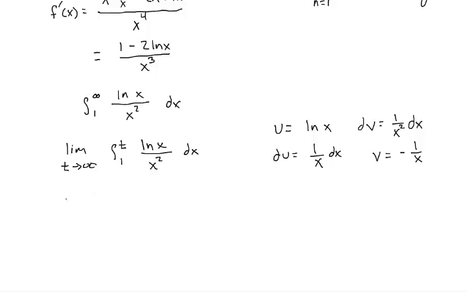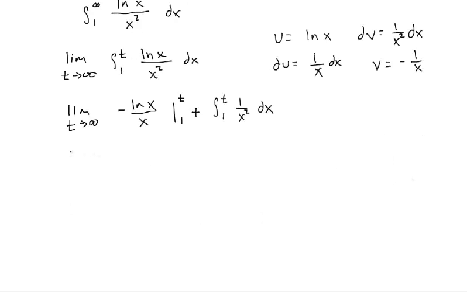So now we can rewrite the limit as t goes to infinity of u times v, so minus ln of x over x evaluated from 1 to t, minus v times du, which is 1 over x times negative 1 over x, so we have plus the integral from 1 to t of 1 over x squared dx.